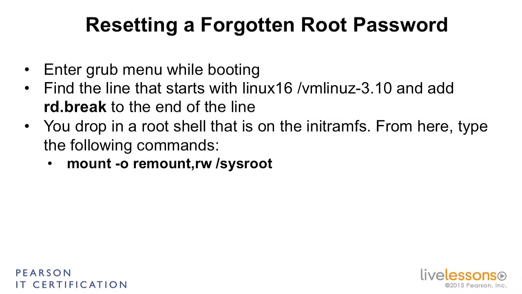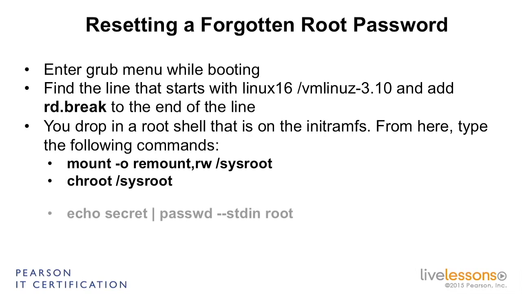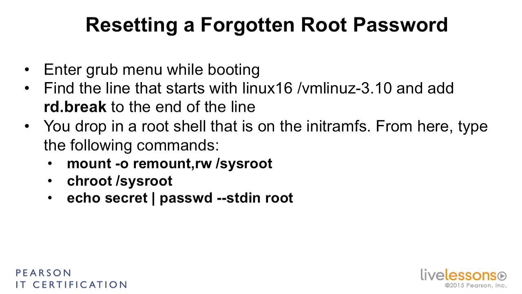That makes the /sysroot directory writable. Next you need to do chroot /sysroot to make it your root directory. And then you can reset the password for user root, like by doing echo secret | passwd --stdin root. And that will set the password for user root to secret.